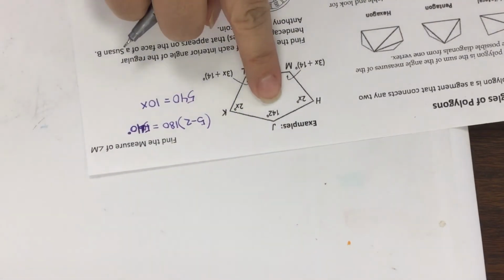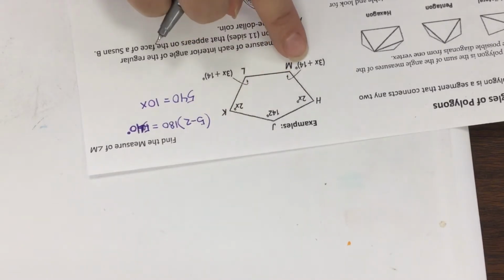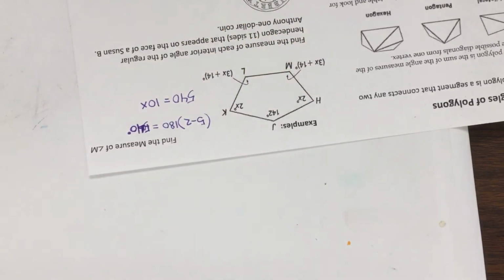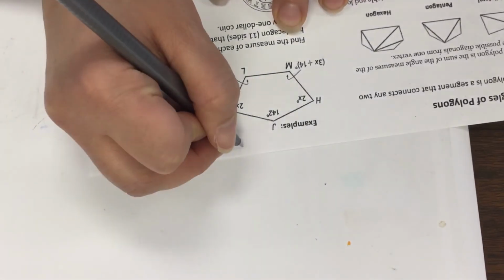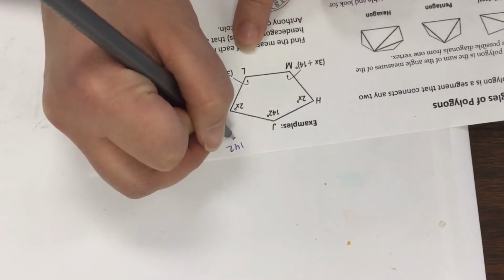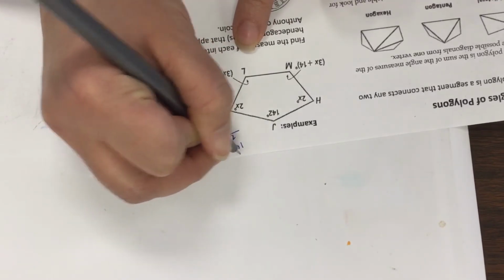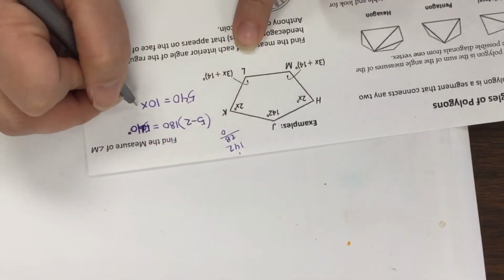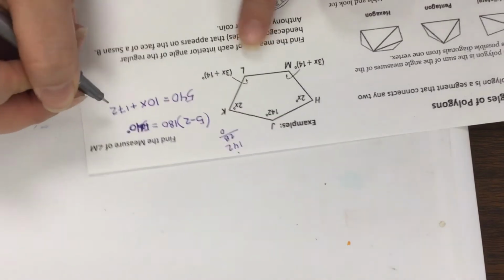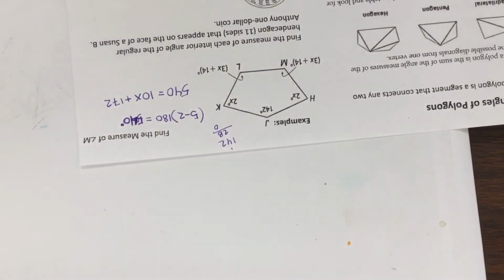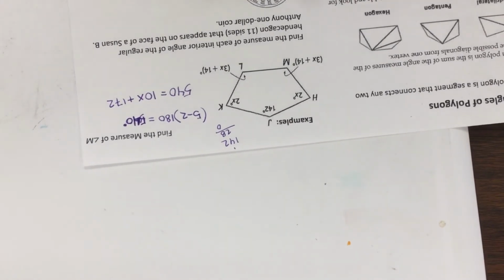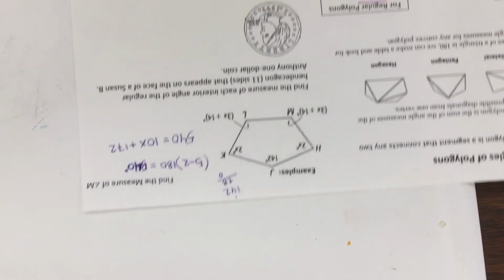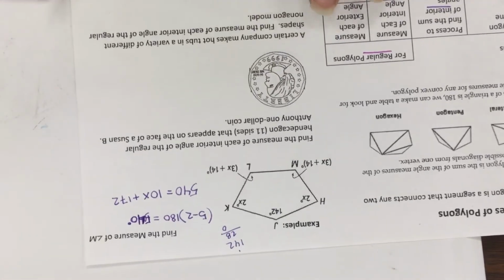And then we add our constant, so 142 plus 14 and 14, so that's what, 28 plus 142, let me write this on the side, 142, 14 and 14 is 28. So that's going to be 172. And then from there you can solve for x, and I'll let you do that on your own. Or you can look at my answer key here from the sub to check yourself.